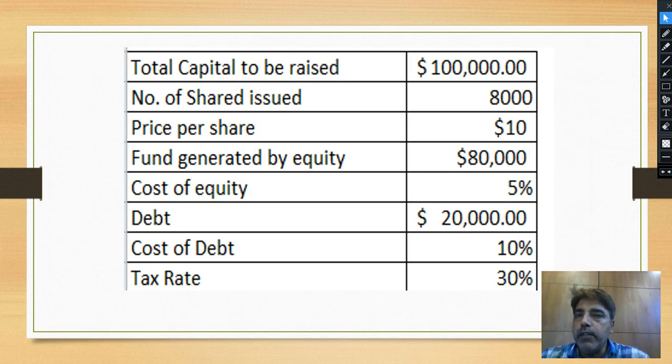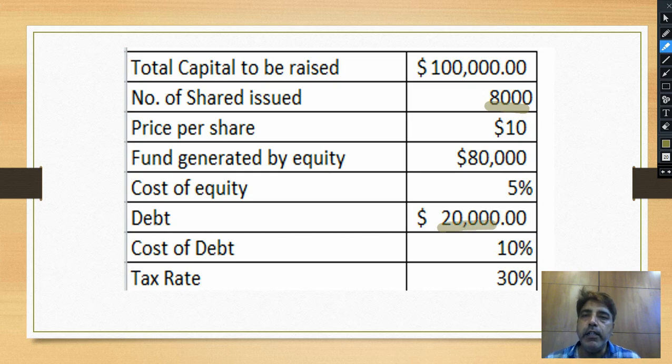So let's take an example here. For example, the company has to raise funds through capital, say 100,000, in which I have taken 8,000 shares acquired through equity capital, and say 20,000 through debt-based instruments.